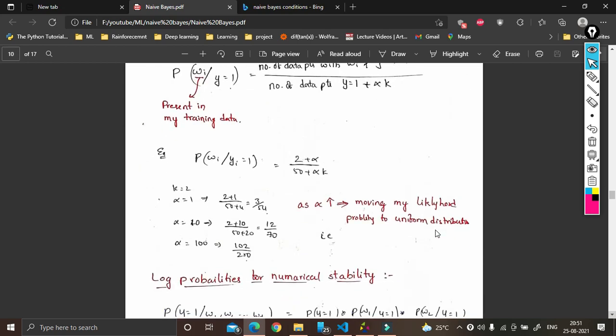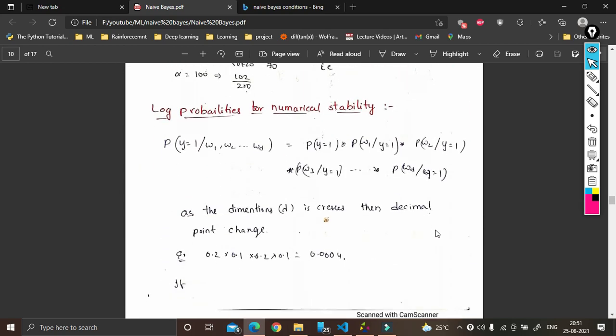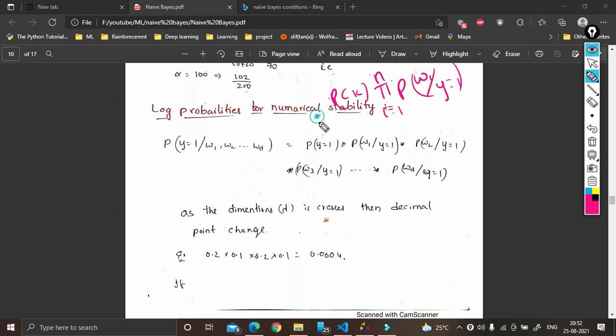You know that already. Here we are using the multiplication term. Actually, probability values are greater than 0 and less than 1. If we multiply points like 0.02 many times, the decimal places keep increasing, which means the value is not numerically stable.